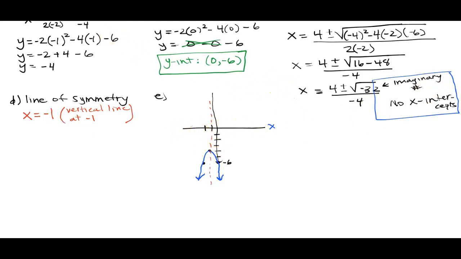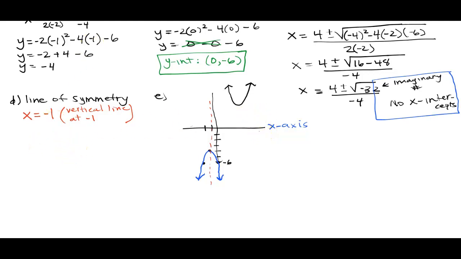Just like if we had a right side up parabola that was, say, above the x-axis, this isn't part of our answer, but this would also give you imaginary solutions because there's no place where they're going to cross the x-axis. Is that making sense?